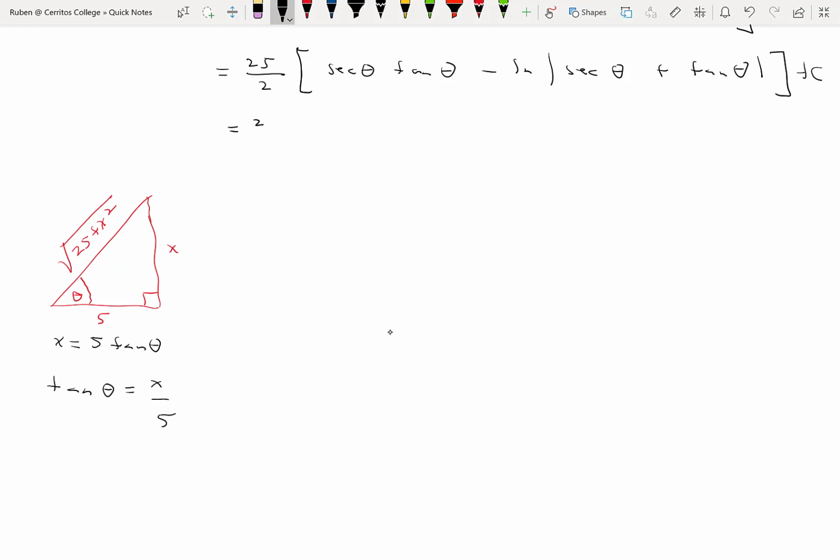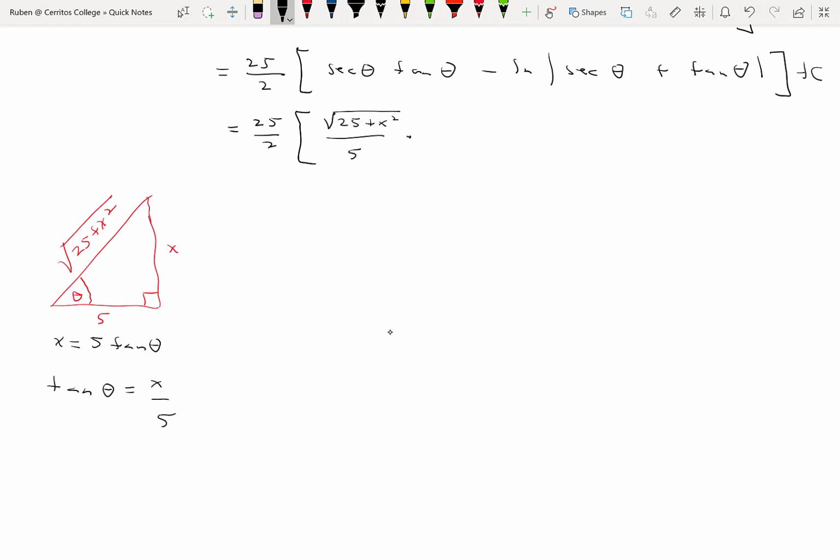So this is 25 over 2 secant theta times tangent theta. Well, secant's 1 over cosine, and cosine is adjacent over hypotenuse. So secant theta will be hypotenuse over adjacent: square root of 25 plus x squared over 5.